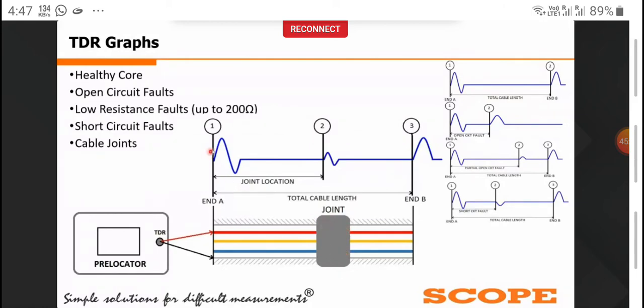At the point of joint, there is a changeover of impedance. So that's why, due to this impedance change, we will get a small sine wave type of pulse at the joint location. So by placing the cursor as shown in the figure, we can determine the joint location in the cable.